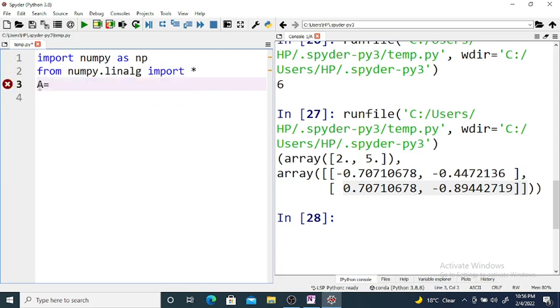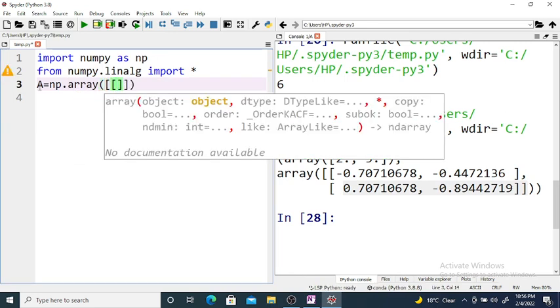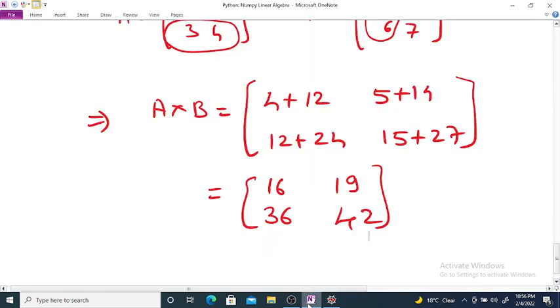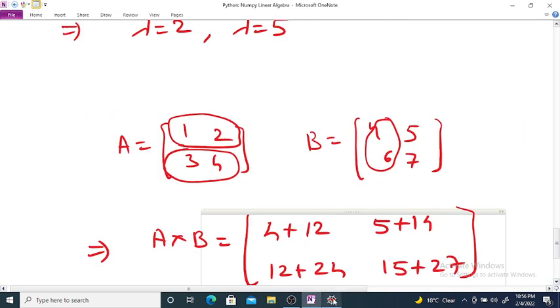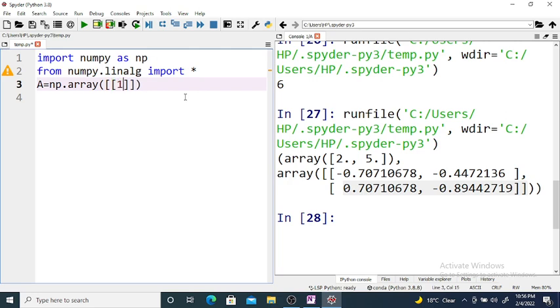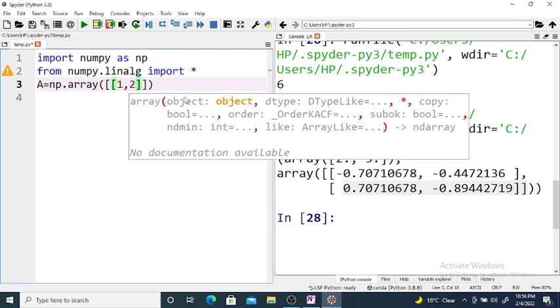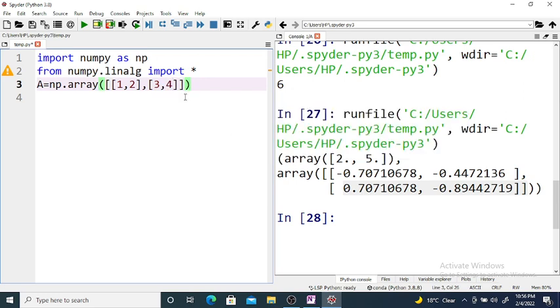So A is equal to np dot array. We are going to generate the first matrix, which is [1 2; 3 4]. This is the first matrix.